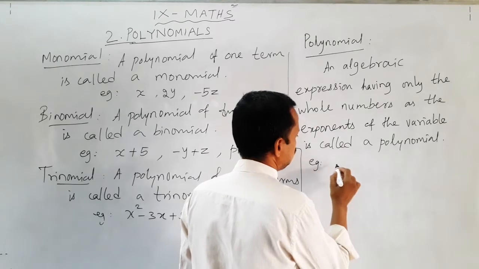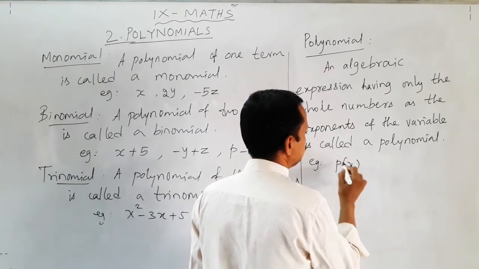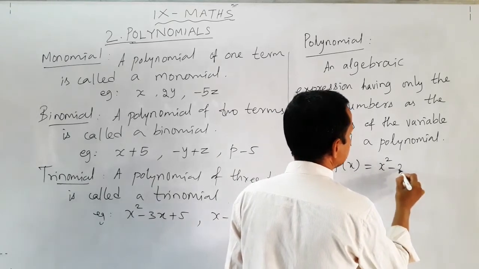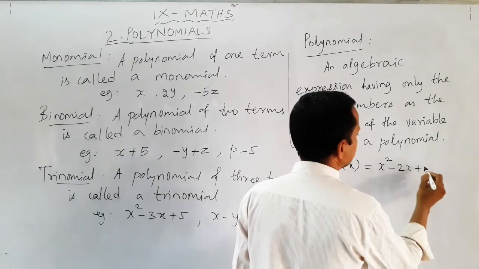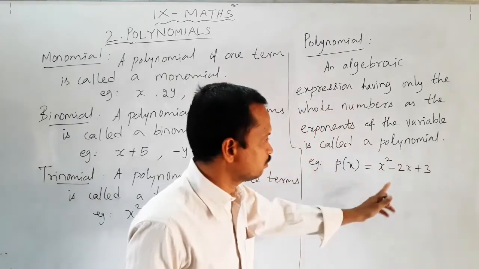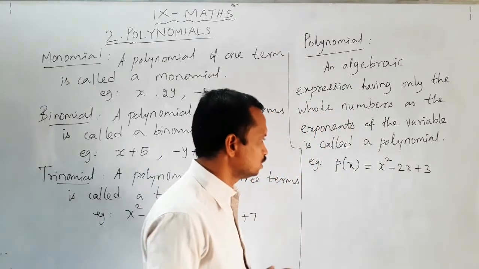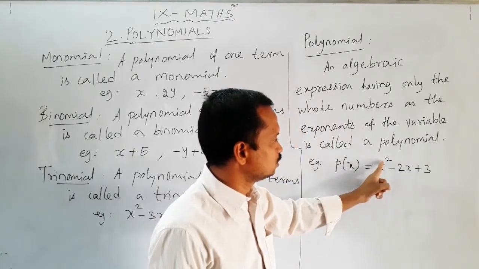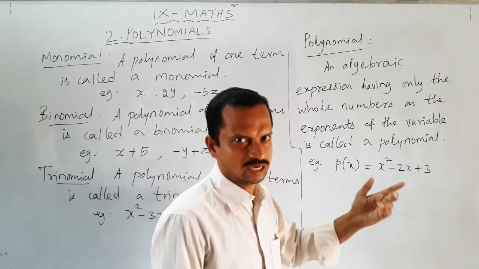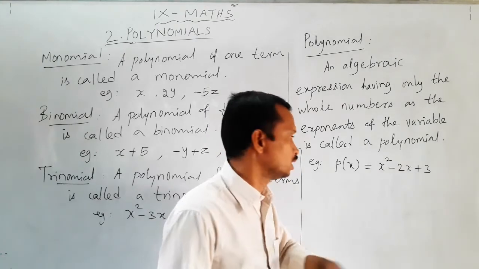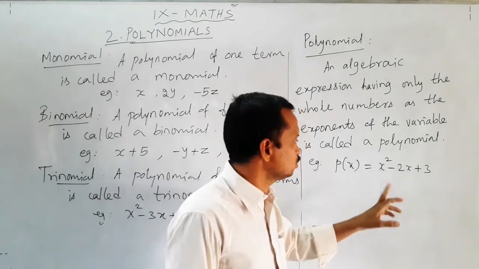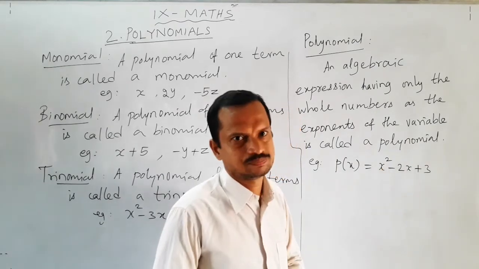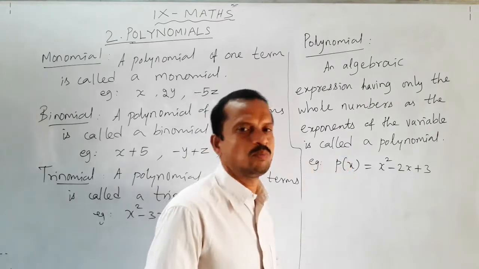Example: p of x is equal to x square minus 2x plus 3. You see, here the variable is x, whose exponents are 2 and 1. 2x means x power 1, and x power 1 is x only. So in x square minus 2x plus 3, the exponents of the variable x are only whole numbers, so this is a polynomial.